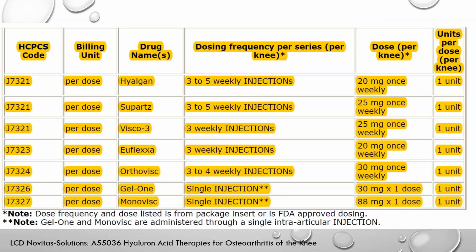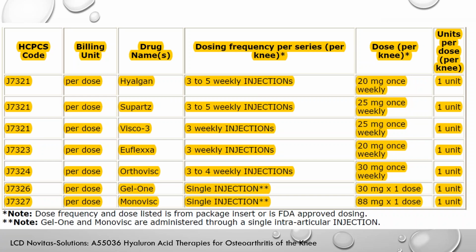And this is actually coming directly from the Medicare LCD of Novitas, which is for Mississippi, Texas, Oklahoma, Arkansas, New Mexico. There may be a couple of other states that I didn't include here, but you can check with your LCD.